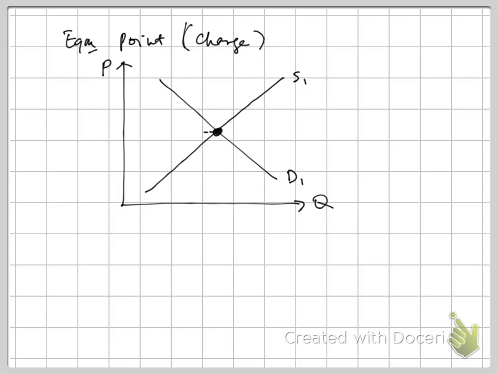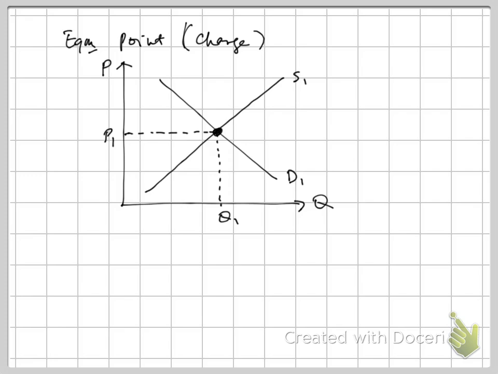Most of the time in economics we are interested in how the market goes from one equilibrium to another equilibrium. So we don't care actually where the price is. It can be any price, P1, let's say, but what we are interested in is the directional change in the price of the good.